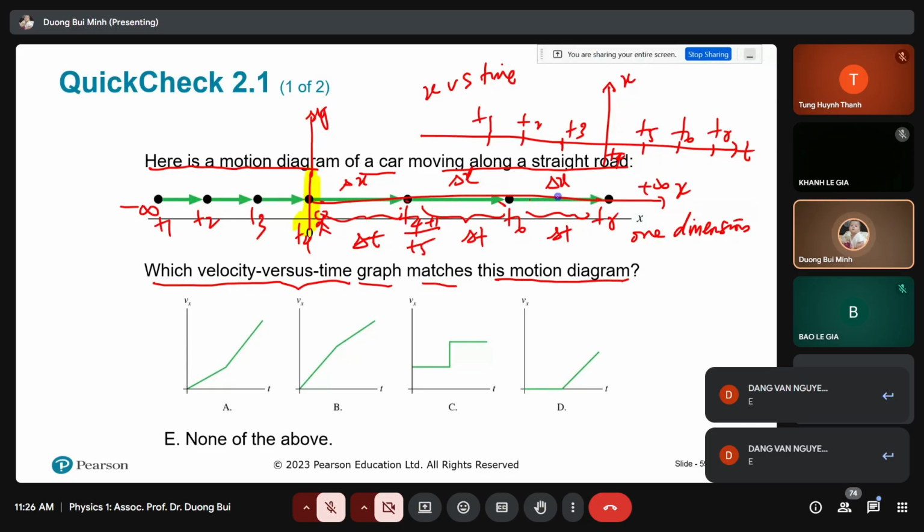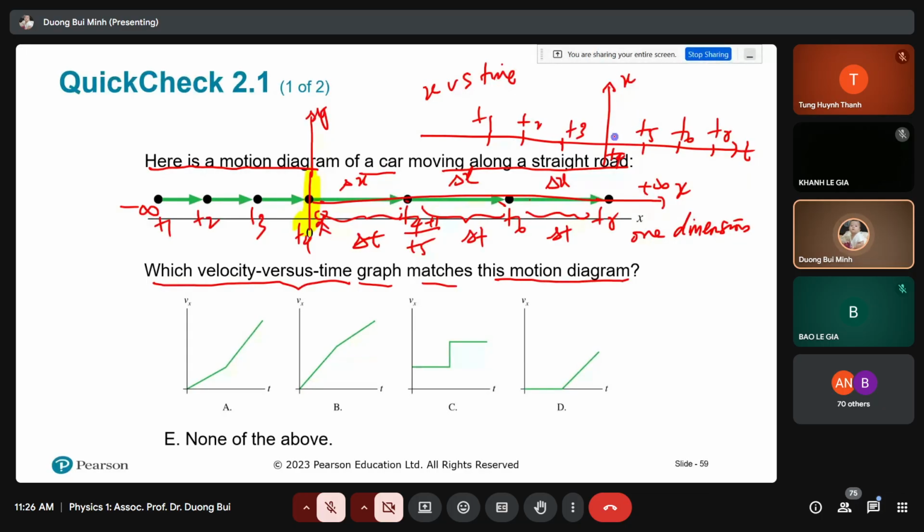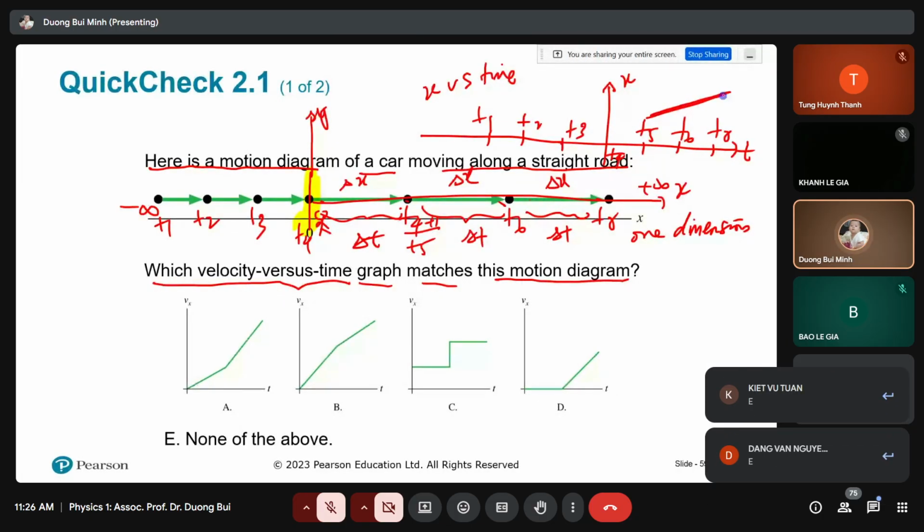So the same delta x and the same delta t. Of course t7 is higher than t6. If here is 0, you can get a curve something like that: t5 x5, t6 x6, t7 x7.